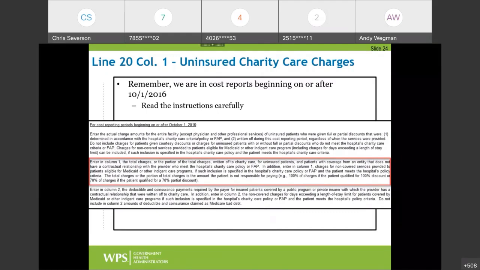Unlike the Medicare bad debt rules, which have very specific requirements, whether it be an indigent patient or whoever, as far as charity care, the only policy is that the provider has to have a policy. Now, there are certain things they flat out disallow, professional fees, courtesy discounts, things like that. But as far as true charity, they basically say, as long as it's in your policy and you followed your policy, it's allowable here.